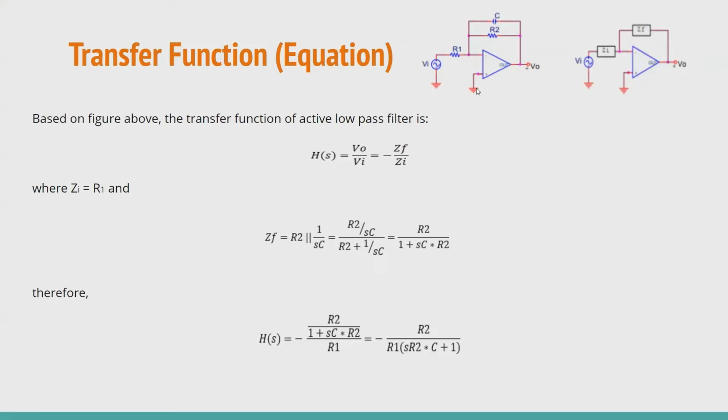You just replace it, and ZF you need to derive in this way, so we get R2 over 1 plus C multiplied by R2. After the derivation, you replace it into the main formula. So we got negative R2 over R1 multiplied by (R2 multiplied by capacitor plus 1).